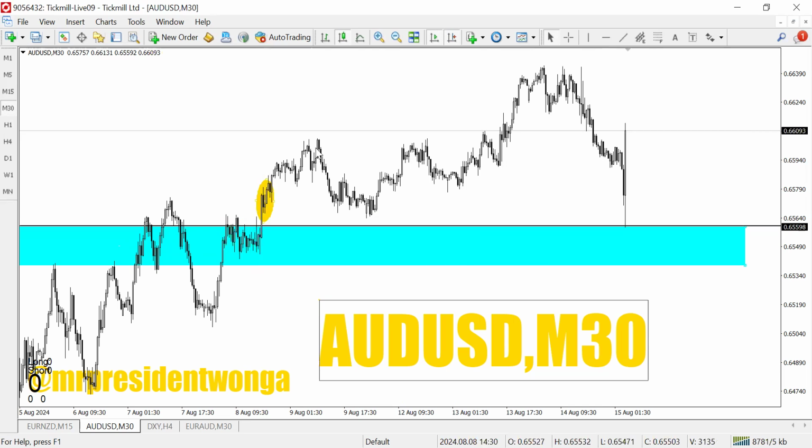The price broke above, came back to the similar level, and then still bullish movement, and the price dropped, spiked to the similar level. The original bullish move started here. Price moved, and then came back here, and you can see another bullish movement.